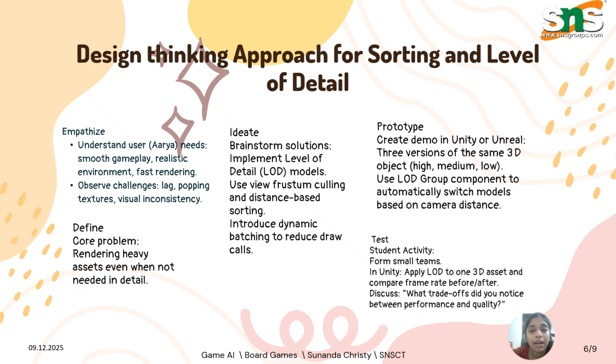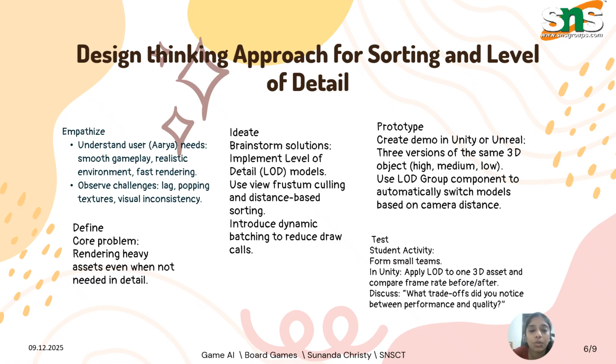Okay, so first we have to understand each and every person who likes to play. For example, chess is played by all different ages, from small kids to adults. So chess can be created in a colorful way for kids, whereas it should be more professional for adults.